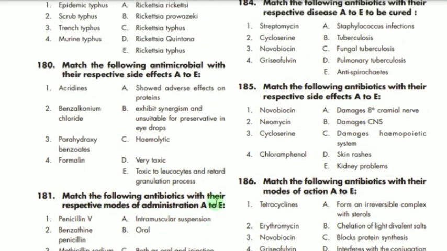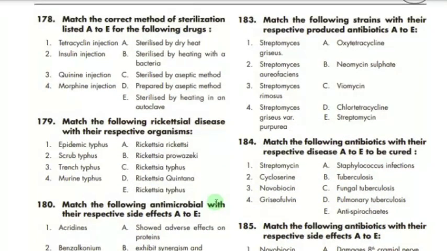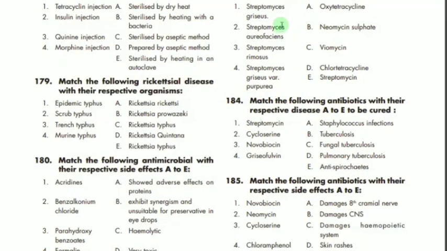Now let's see the 183rd MCQ, which says match the following strain with their respective produced antibiotic, A to E. The first organism we have is Streptomyces griseus. This is Streptomyces griseus, and they mostly produce the antibiotic streptomycin.